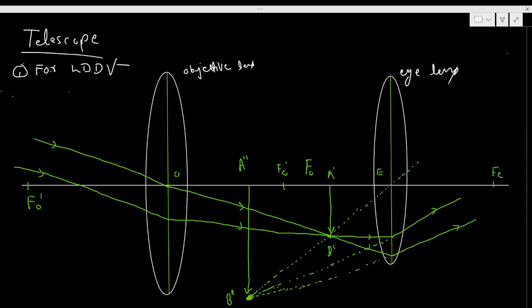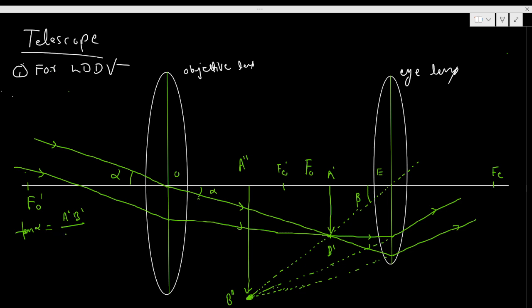Now the angle made by the object is known as alpha, and the angle made by the image is known as beta. Keep this thing in mind. Now if this is alpha, this should also be alpha because of vertically opposite angles. And now you have to find the value of tan alpha and tan beta. Tan alpha is equal to perpendicular upon base.